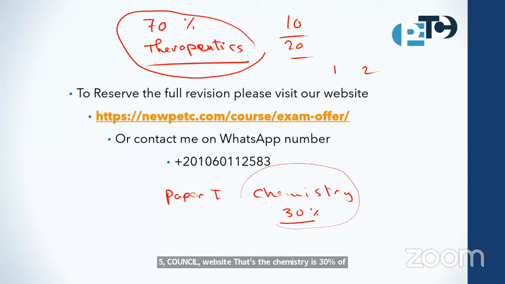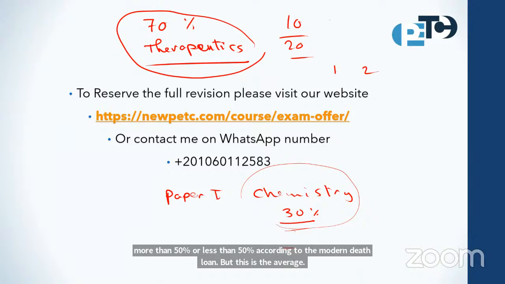But due to the randomization of questions in the exam, they put the questions in a pool, then randomize the questions and make several models. So you may find more than 30% or less than 30% according to the model that you will have. But this is the average percentage.